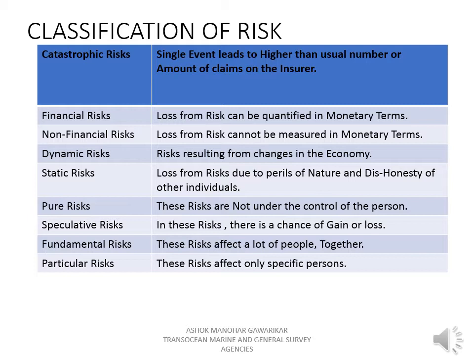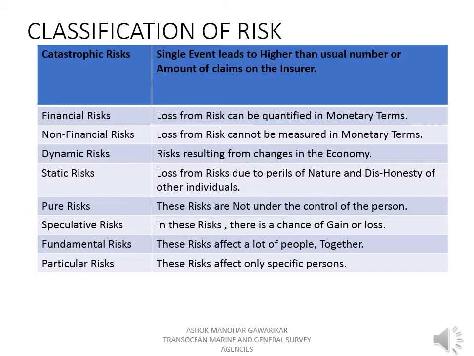Then there are fundamental risks. These risks affect a lot of people together because they cover a larger area. And there are particular risks, which affect only a specific person, a specific factory, or specific machinery, because of a specific peril. A fundamental risk could be a flood or an earthquake, where a lot of people are affected.